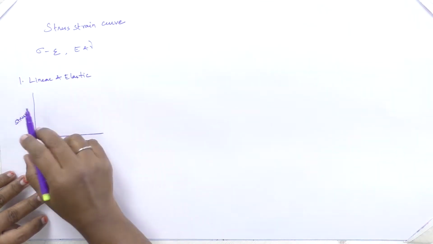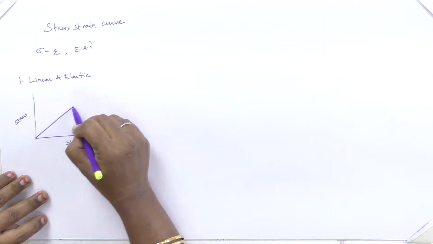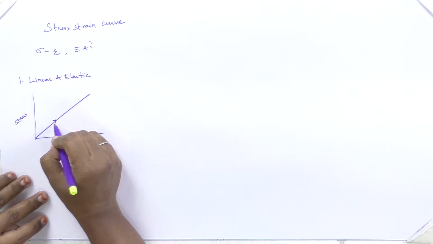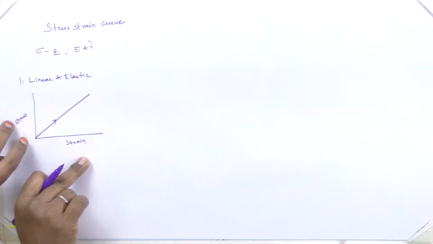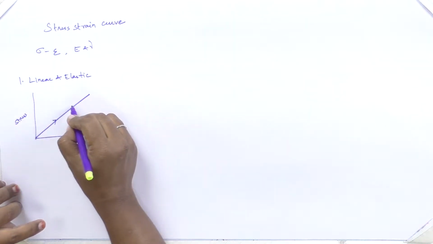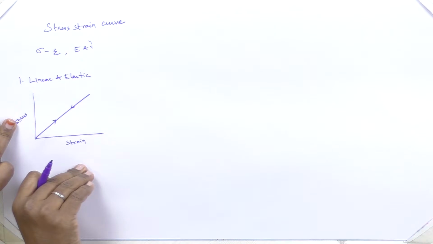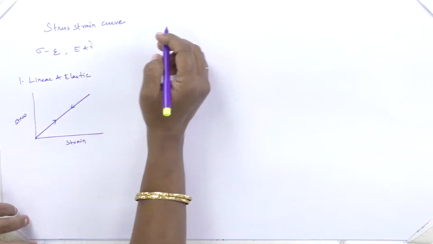The stress strain curve for linear and elastic type will be a straight line, that is, during loading the stress and the strain increase simultaneously, and while unloading the strain and the stress will be in a linear pattern.